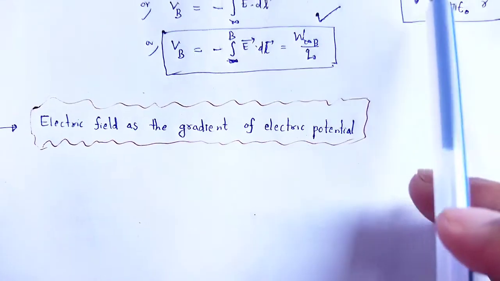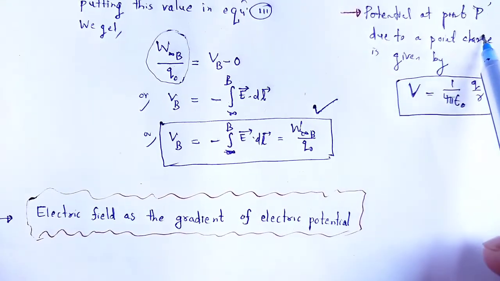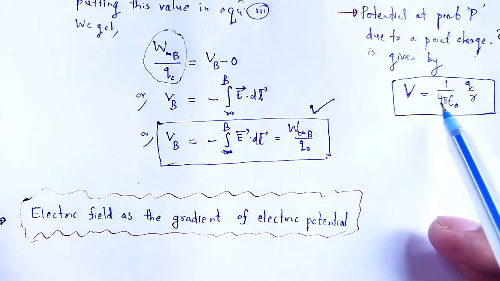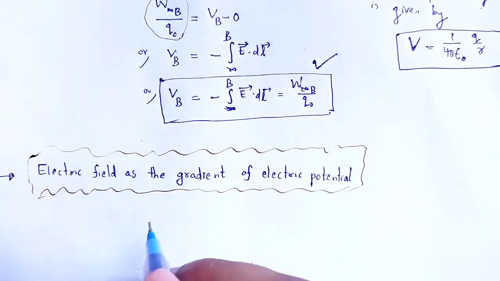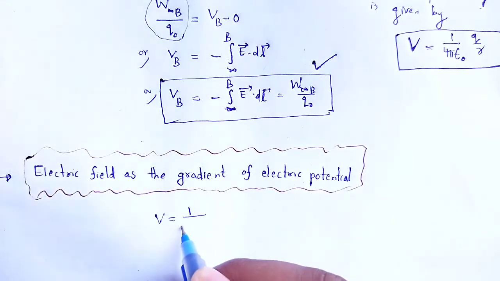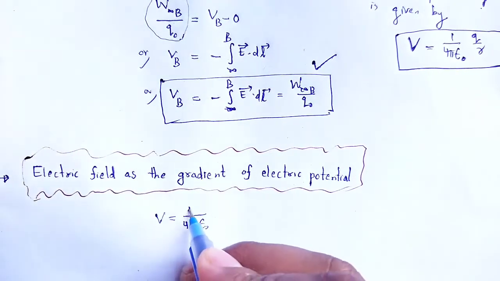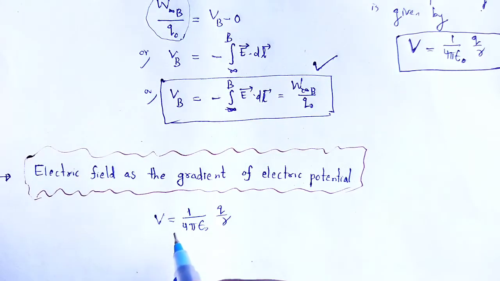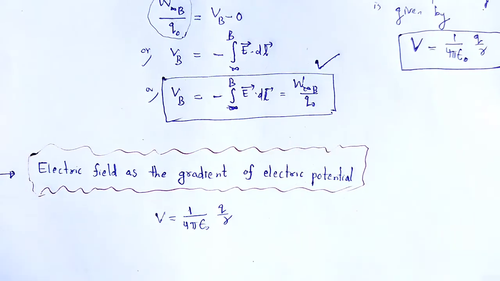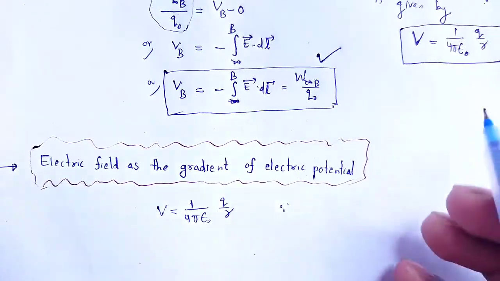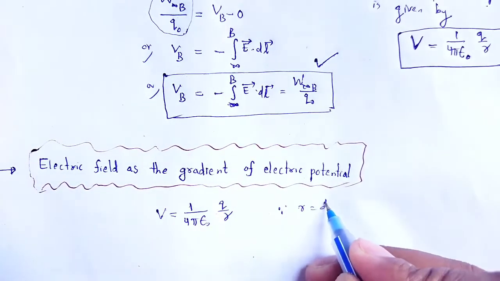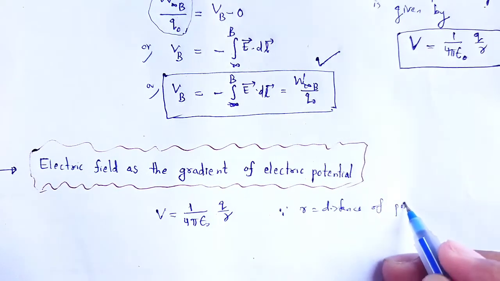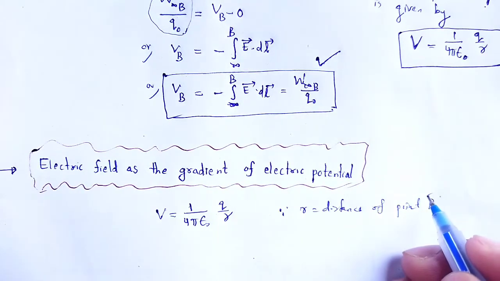So, here the potential at point P due to that point charge Q is given by V is equal to 1 by 4 pi epsilon naught Q by R. That is the potential at point P due to a point charge Q, where R is the distance of point P from charge Q.